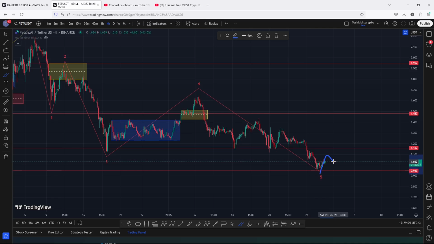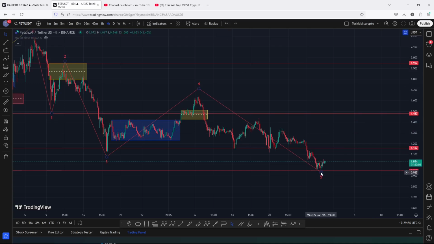And if by any chance we manage to break above our key area of resistance above the 1.162, flipping it back into support, and maybe also see an impulsive bounce to the upside in a 5-wave structure, confirming that we have a low in place in the formation of this Elliott wave count 5, then I will be expecting a larger bounce here on the Fetch AI chart.